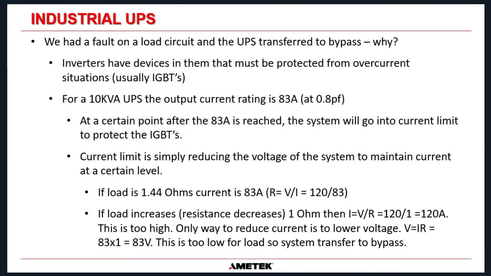But that is why if there is a fault on the output of the system, it will usually always transfer to bypass, because the inverter goes into current limit to protect the IGBTs from being destroyed internally to the UPS. Hopefully that explained that one.